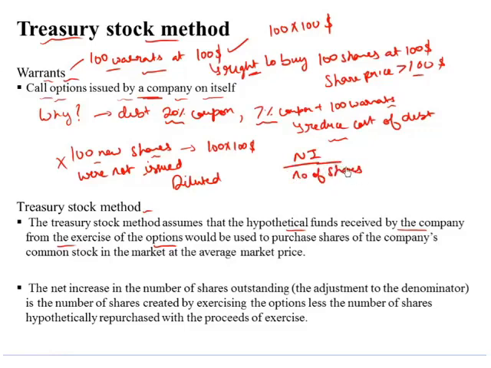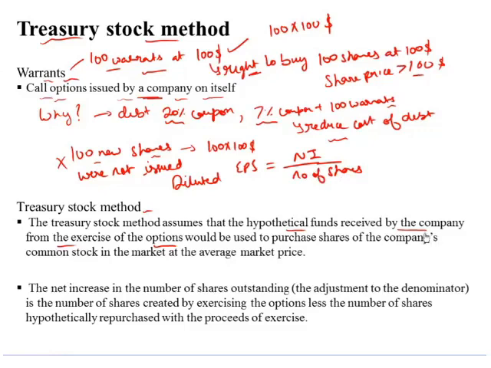EPS is the net income minus the preferred dividend upon the number of shares. So if I need to offset the impact of this increase in number of shares, I will have to buy back the shares so as to reduce the number of shares and increase the EPS.